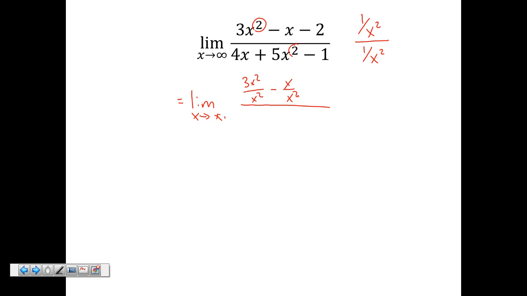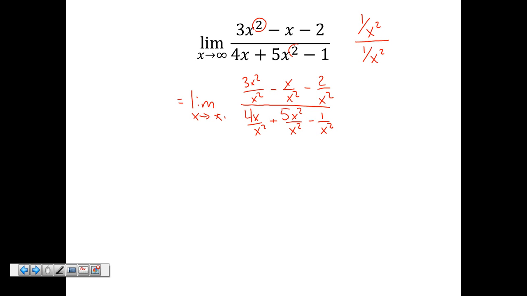Maybe not nice, but some stuff's going to happen to that one, and some stuff's going to happen to this one. I'm going to do the same thing on the bottom. Now, if you don't want to go into as gory detail as I am doing right here, that's okay. You don't really need to write this middle step. I'm doing it for instructional purposes right now, but this is definitely a step that you can skip if you can see what's going on.